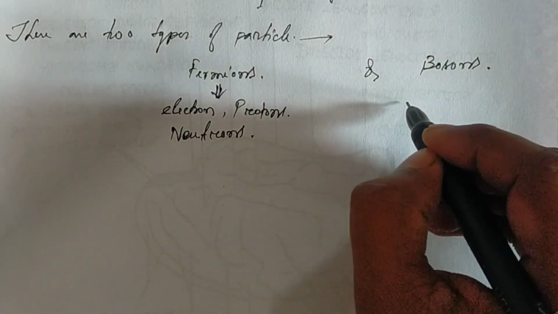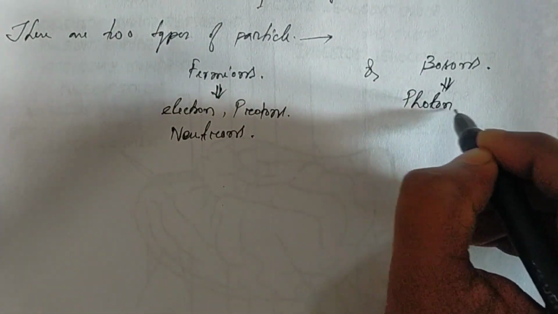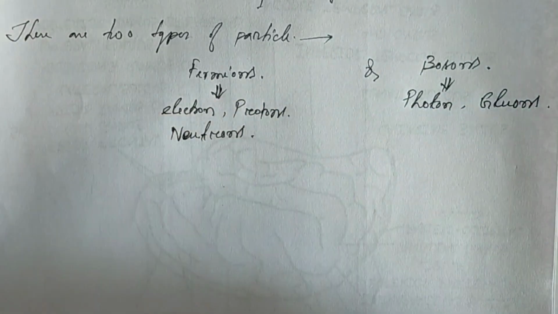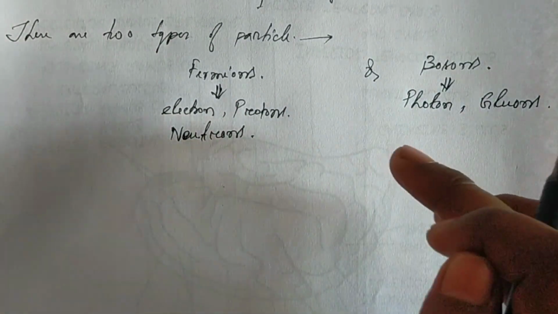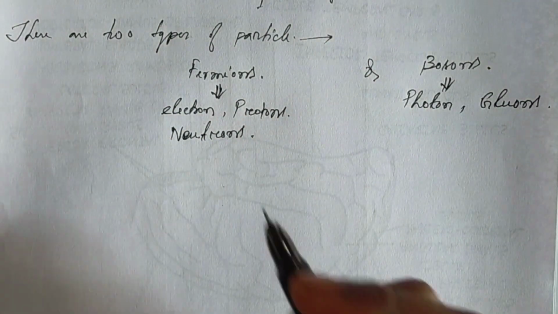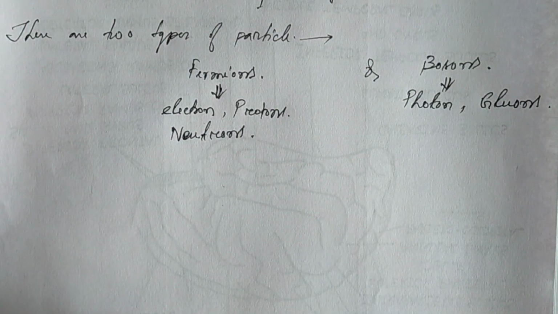Bosons are like photons and gluons, etc. So photons and gluons are called bosons, and electrons, protons, and neutrons are called fermions.